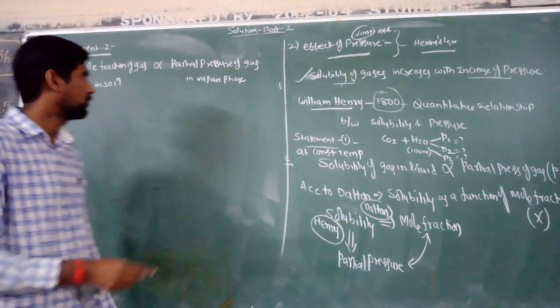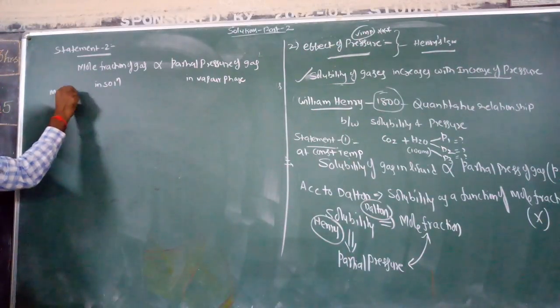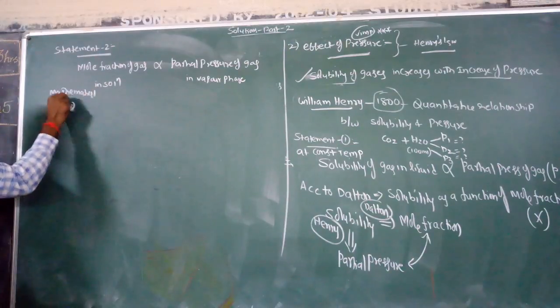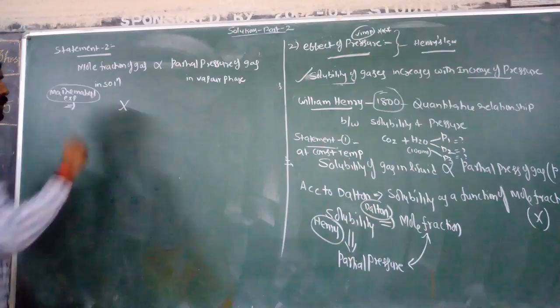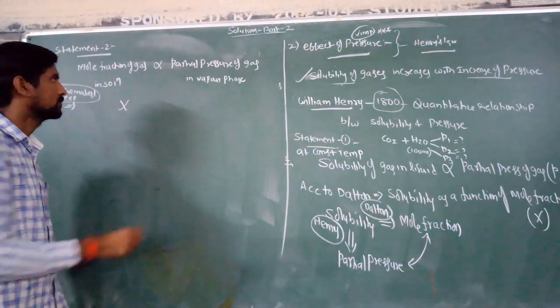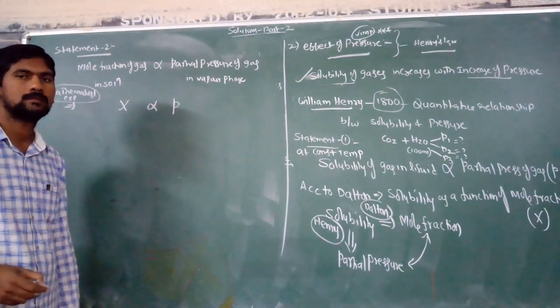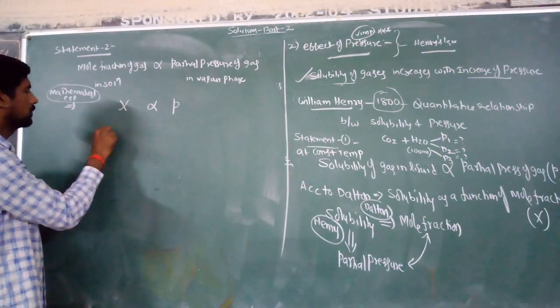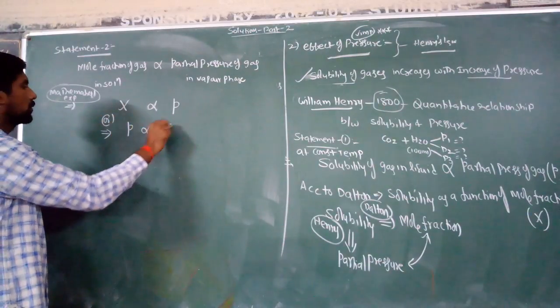Then from these two you can write the mathematical expression. Mole fraction, denoted by the symbol X, is directly proportional to partial pressure P, or P is directly proportional to mole fraction.